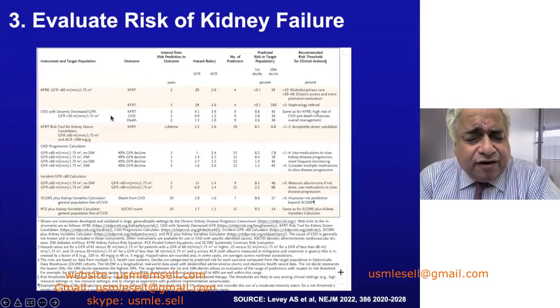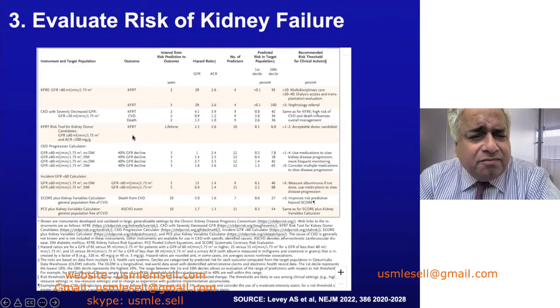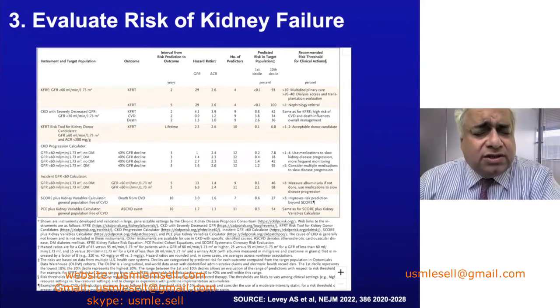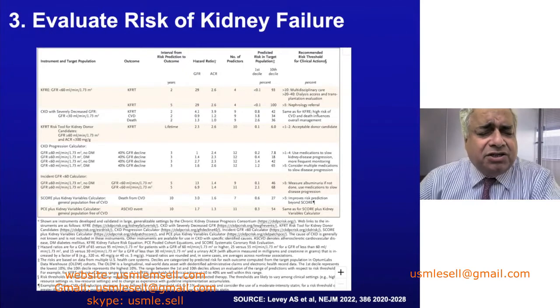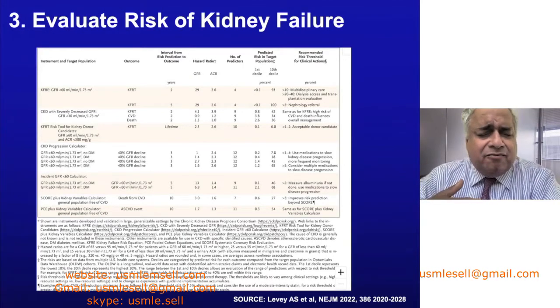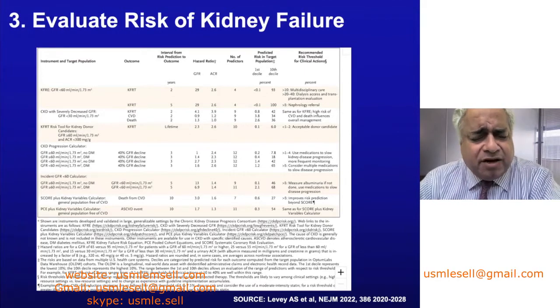Now, in this complicated figure from this New England Journal paper published by Andy Levey recently, you can evaluate the risk of kidney failure. I leave this just as a reference for you, that there are many different risk tools that predict progression, much in the same way as there are heart failure risk predictors like the Reynolds equation or the Framingham equation.